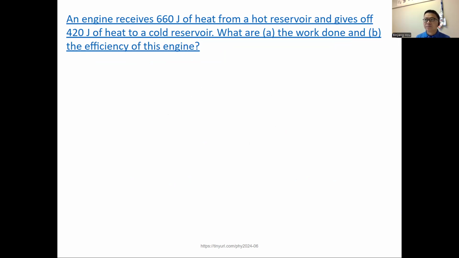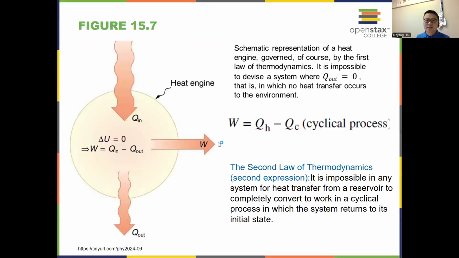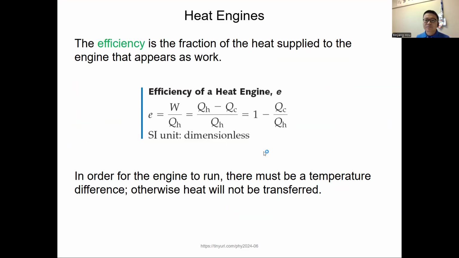Okay, so pretty simple. Work done is equal to QH minus QC, and for efficiency given the two Qs, you can do 1 minus QC over QH as we did previously. So this is the equation to use for the efficiency, and this is the equation to use for the work done given these two. Okay. All right.